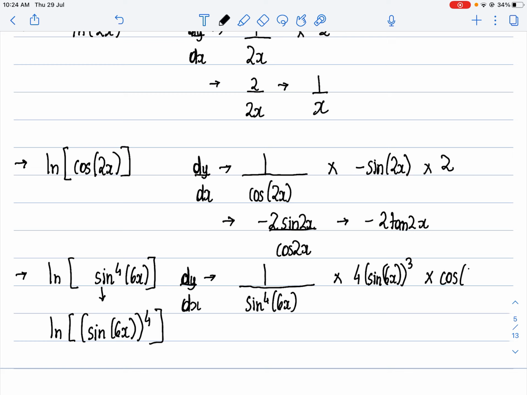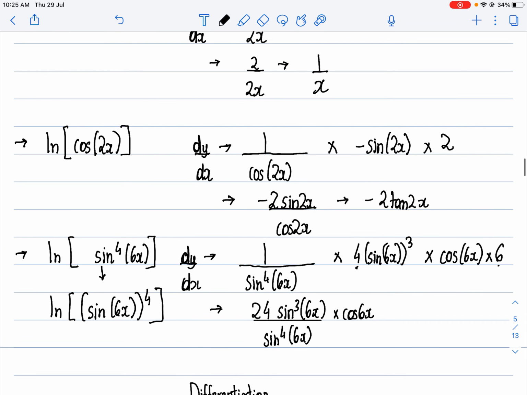So I write this as cos 6x multiplied by the differentiation of 6x, the innermost bracket, which is 6. So I can write this as 6 into 4, which is 24, with sine cube 6x, divided by sine raised to 4 6x multiplied by cos 6x. This is what I'll get, going bracket by bracket.